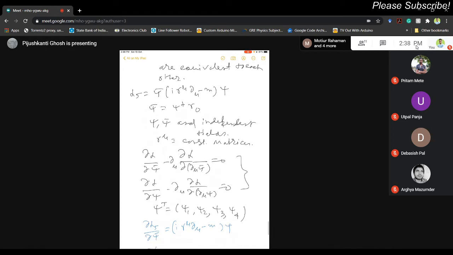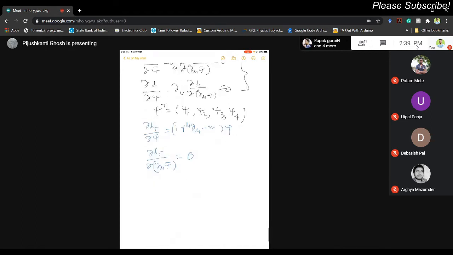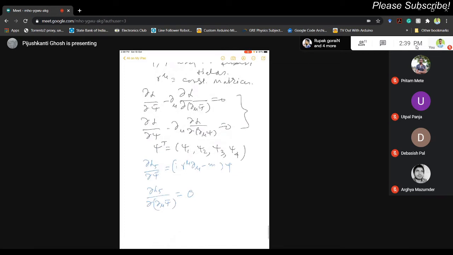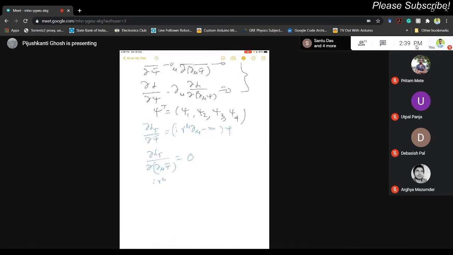So that will be equal to 0. And if you substitute in the first equation, you get i gamma mu del mu minus m psi equal to 0. Okay. The second equation.